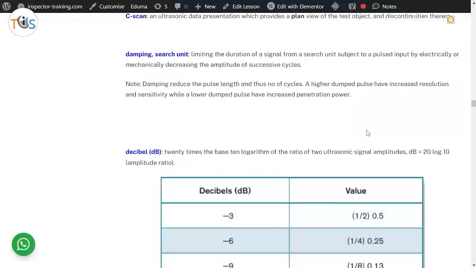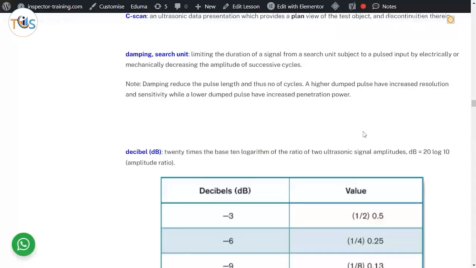Damping, search unit: limiting the duration of a signal from a search unit subject to a pulse input, because if you keep hitting that, you get a lot of signals continuously. So you're sending one peak and then damping it, and then sending another peak and then damping it, so that you can have better resolution.